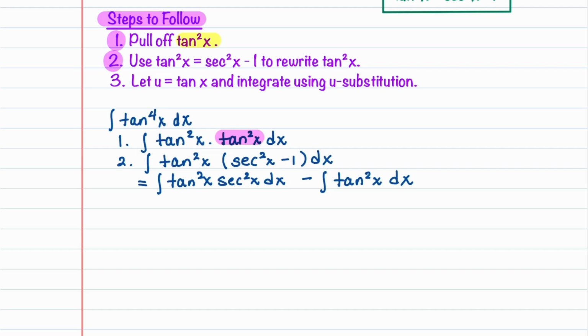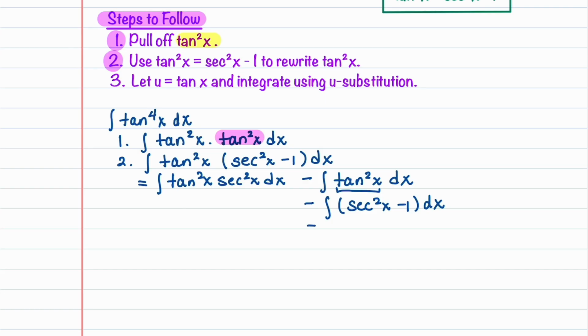Let's work on the integral on the right first, because this integral on the right is also an even power of tangent, and we're going to do the same thing. We are going to take this tangent squared right here, and rewrite it as secant squared x minus 1 dx. And then let's integrate this.